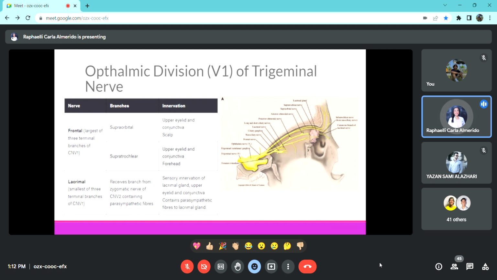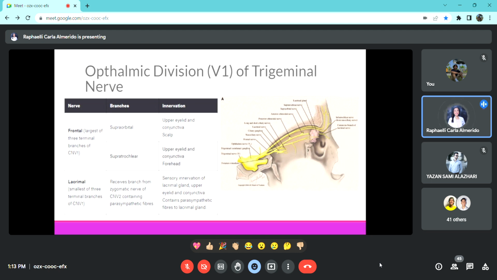Now we go to the lacrimal. So, the lacrimal is the smallest. Kung may largest, syempre may smallest. So, smallest of the three branches of your cranial nerve V1. And it receives branches from your zygomatic nerve, from the second branch of the trigeminal nerve. Okay, so magjo-join lang siya, okay, sa zygomatic nerve. So later you will notice pag nasa zygomatic nerve na tayo, okay, how it looks like then.